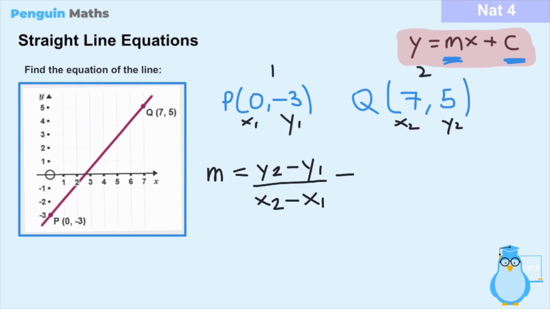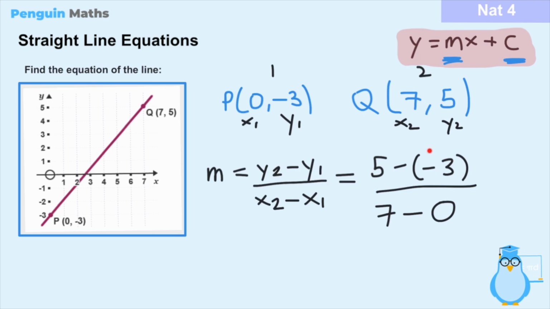Now we know that y2 here is 5, so we would have 5 minus, and then y1 is minus 3. So remember, don't forget that extra minus sign, we put that in the brackets. Then that's all divided by x2, which is 7, minus x1, which is 0.